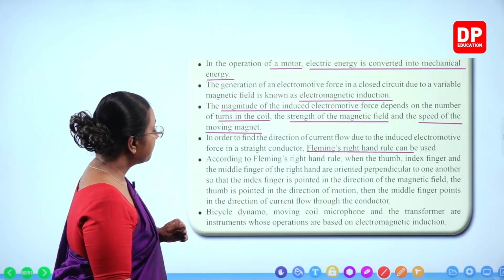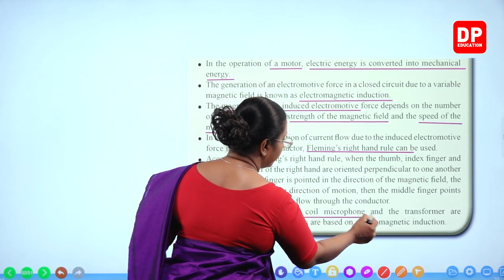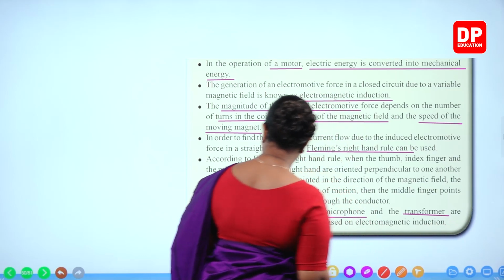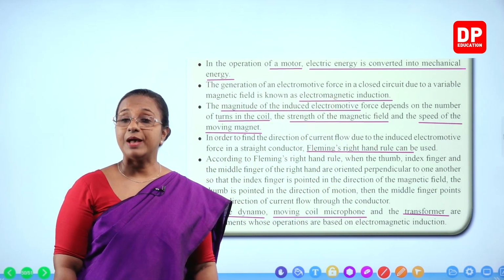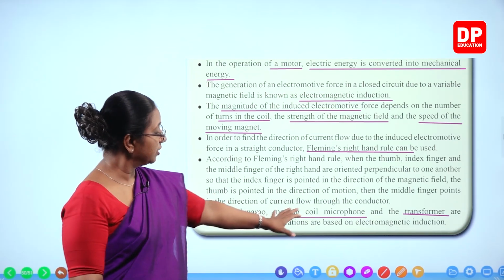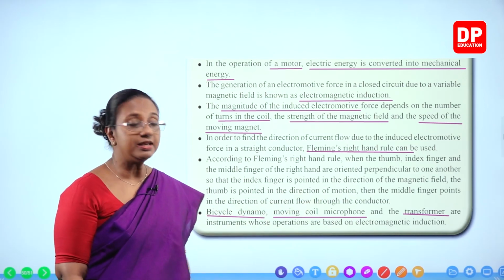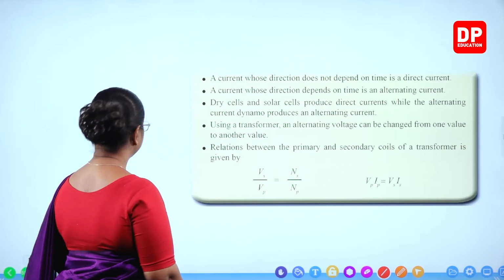So, bicycle dynamo, moving coil microphone and the transformer are instruments whose operations are based on electromagnetic induction. We have discussed all these. With that, I'll move on to the next slide.